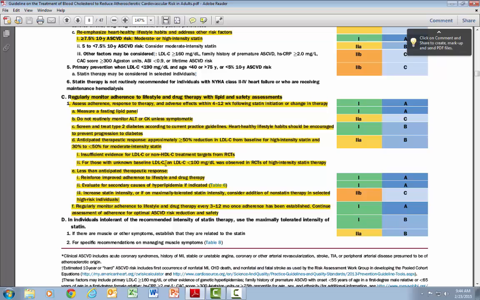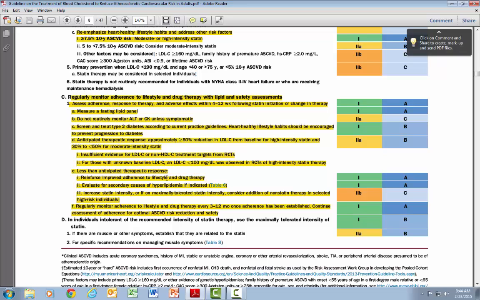In addition to that, remember the LDL, even though it was not approached, continue using your LDL as a goal. And if you have any type of CAD or CAD equivalent, you must be less than 100, and even less than 70 is optimal, using high intensity statins.